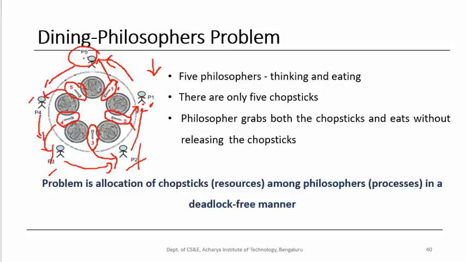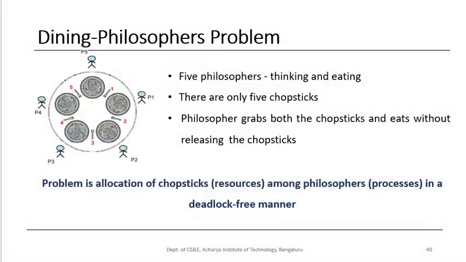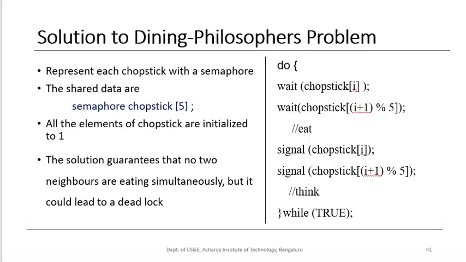The solution that we gave to the dining philosopher problem suffers from what is known as a deadlock issue. Hence this solution cannot be accepted. So we will have to have a deadlock free solution. Let's discuss that deadlock free solution in the next class.